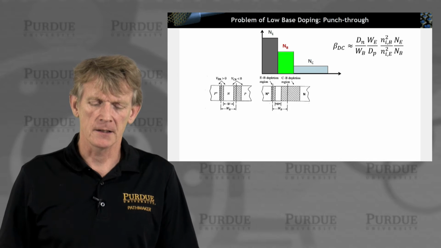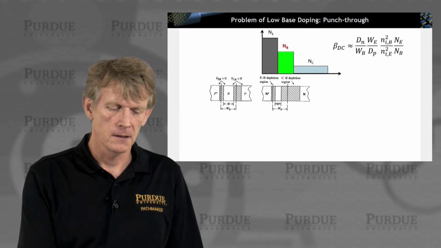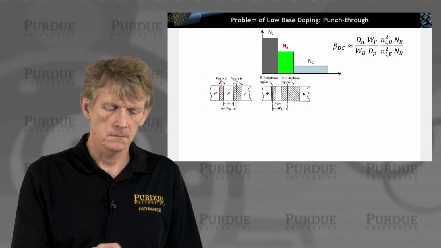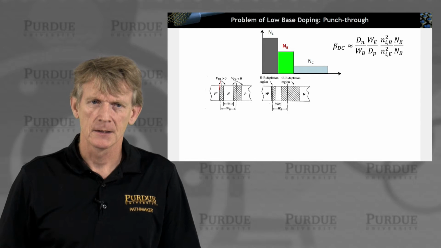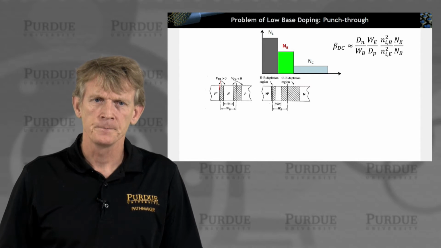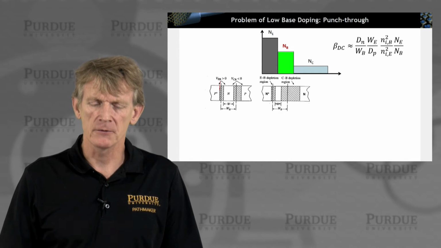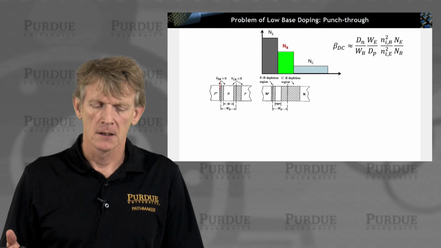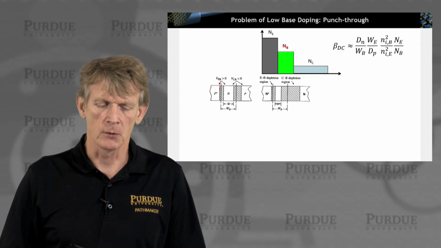We had calculated that under bias, these depletion regions vary under applied bias. Remember I showed you how under reverse bias, the depletion regions could get very large, versus in forward bias, the depletion regions get smaller.